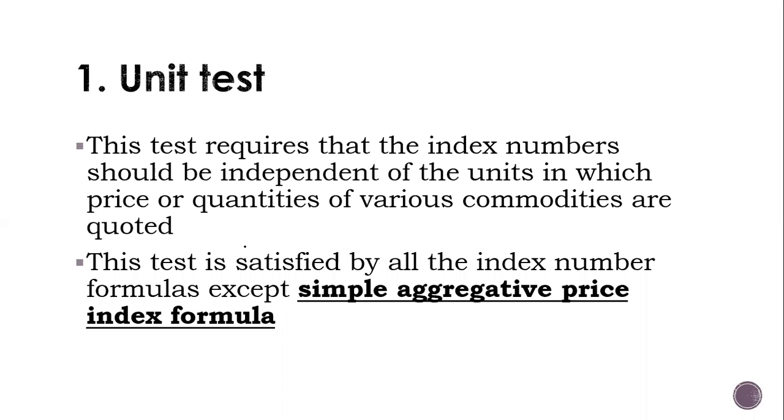So we prepare a small test. Your unit test is not that test. Your unit test is a test which requires that the index number should be independent of the units in which prices of the various commodities are to be quoted.